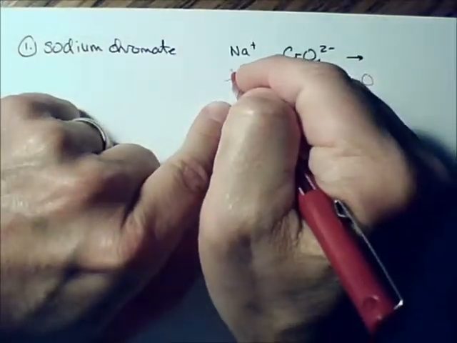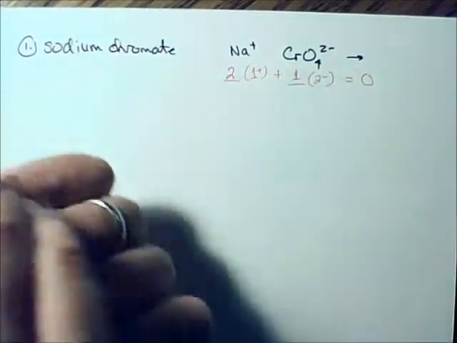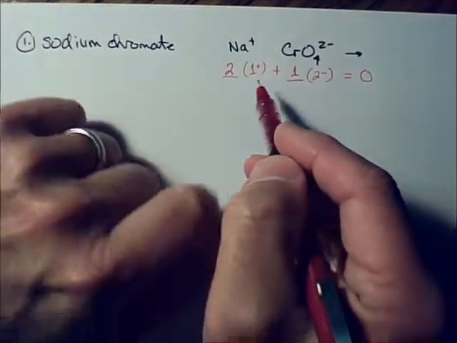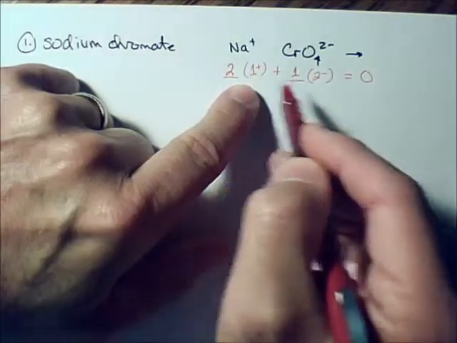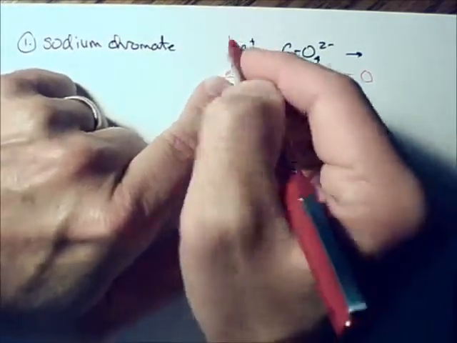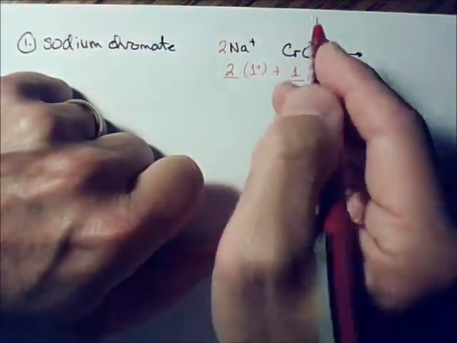What will work is the 2 here and a 1 here, the simplest whole numbers that will get me there. If I need 2 1 plus charges to balance out one 2 negative charge, then I need 2 sodium ions to balance the charge on the chromate.